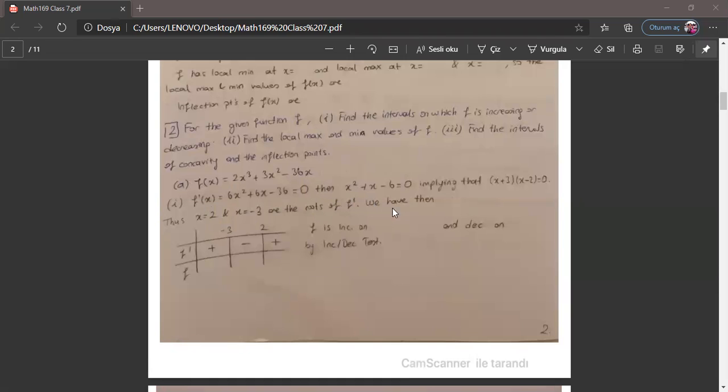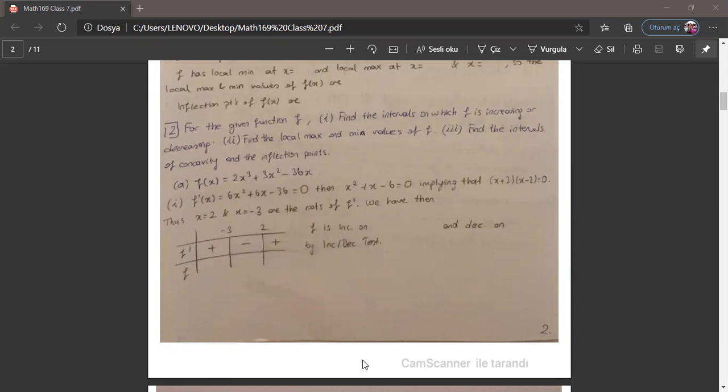Now what do we do? We see that f prime is positive when x is greater than 2. If x is greater than 2, this will give us something positive, and this is already positive, so we will have something positive. And for each root we change the sign.